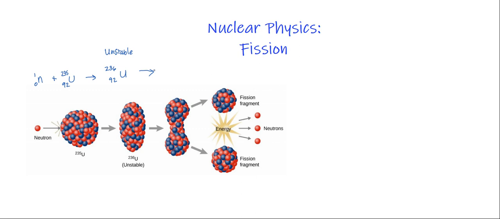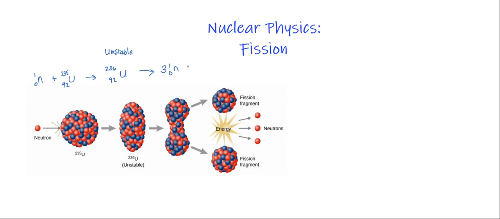What then happens is we get this splitting up, and the products that are formed here can be a variety of different things. The first thing I'm going to do is write in that I have 3 neutrons. These are ones that are not attached to the new nuclei, and these can each go on to do what the first neutron did. And so you can see this compounding chain reaction that can occur.